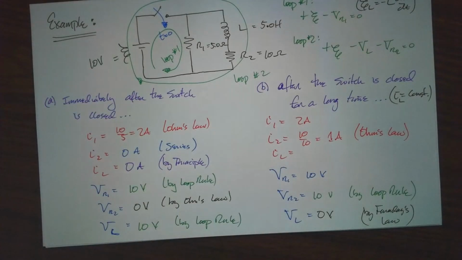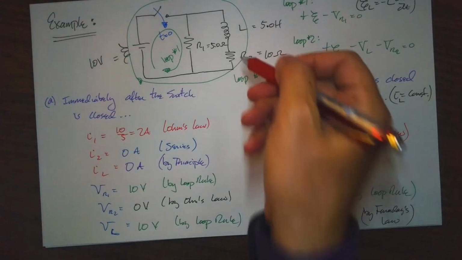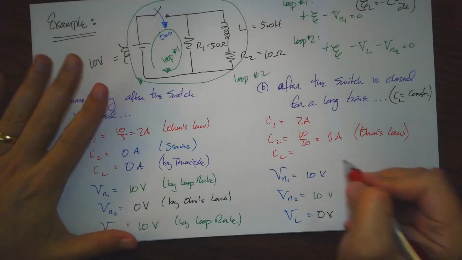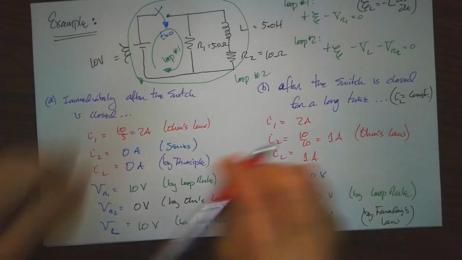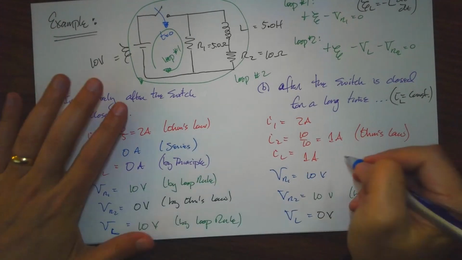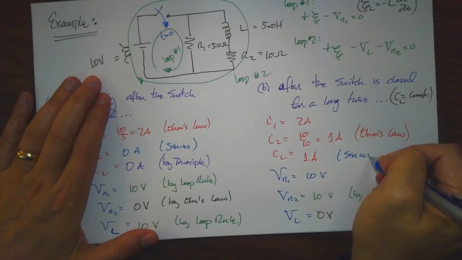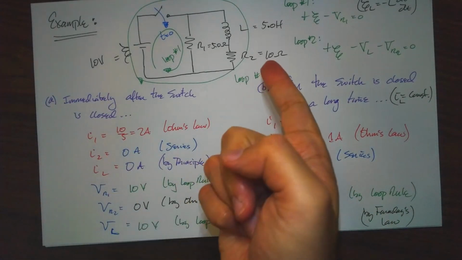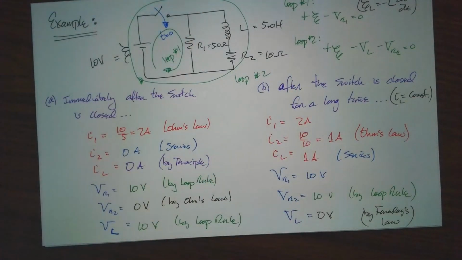Ohm's law. If you got 1 amp in resistor 2, what's the current in the inductor? 1. Because they're in series. Whatever current resistor 2 has is the current in the inductor. Are we good?